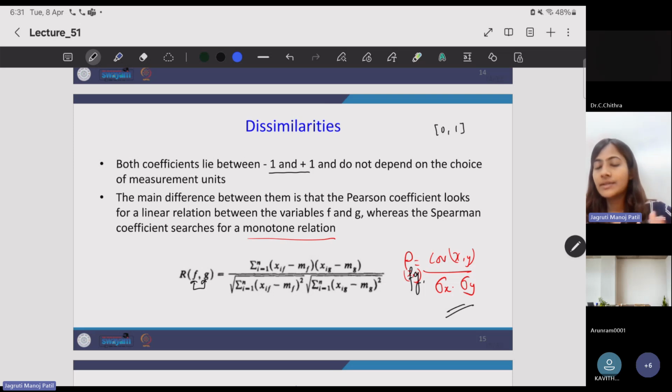Now there is only one difference between Pearson's and Spearman's coefficient. One will follow a linear relationship, whereas the other will follow a monotone relationship. You will say that monotone is also similar to linear, but monotone is actually if one increases, the other will increase, and if the other decreases, it will also start decreasing. So it's not always a linear relationship.